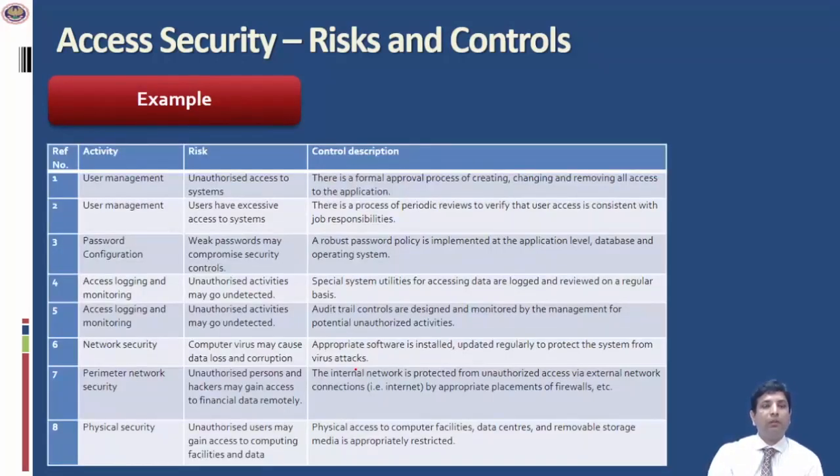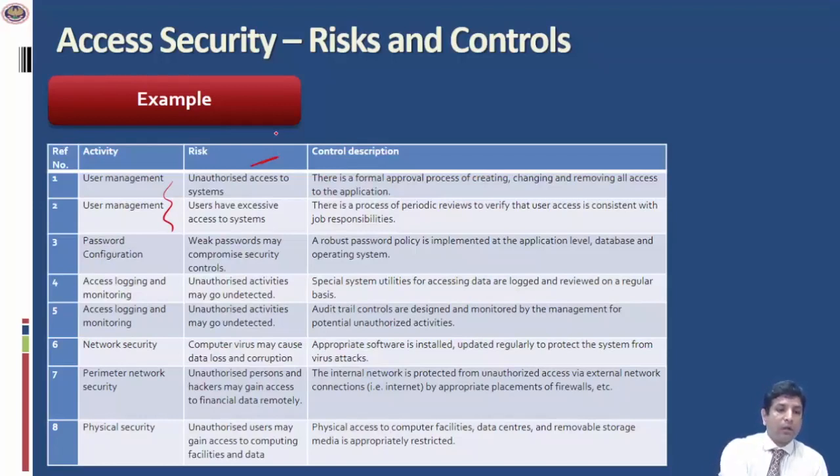Here we see an example of risks at various activity layers of the access security. As we have discussed, user management, password, access logging, and so on. These are the various activities which are present in the access security domain. Now let us look at the risk at each of those activities.